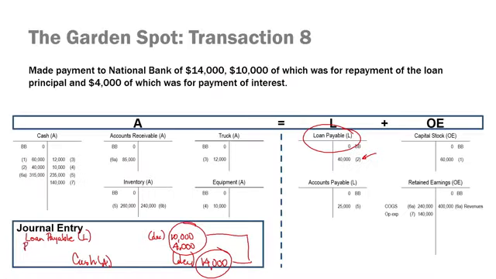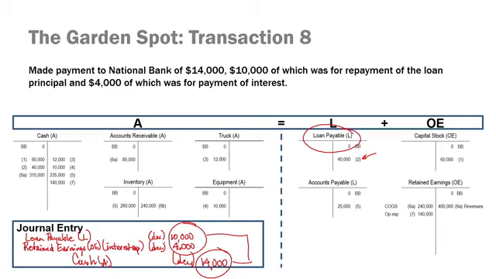So let's record the expense to retained earnings, which is an owner's equity account, of course. We'll put the notation interest expense, and that reduces retained earnings, which of course is why it's a left-hand side entry.